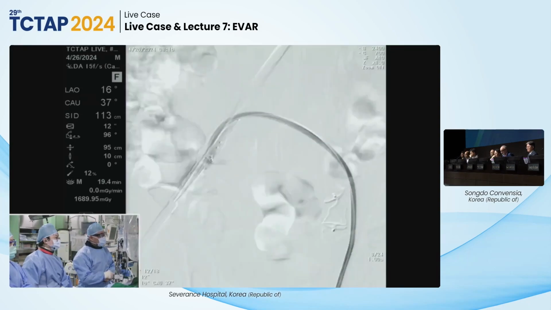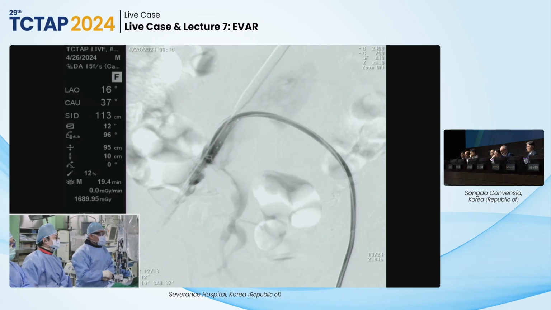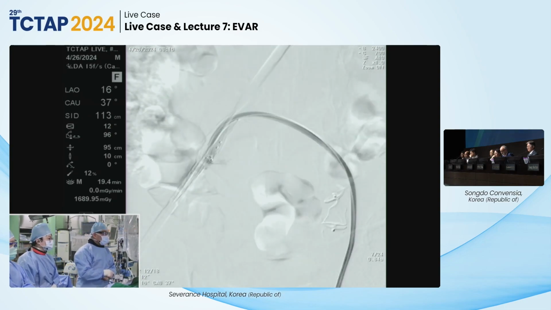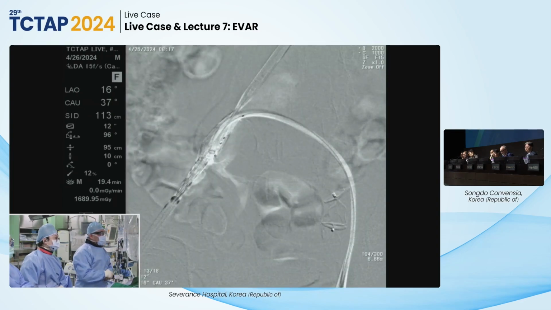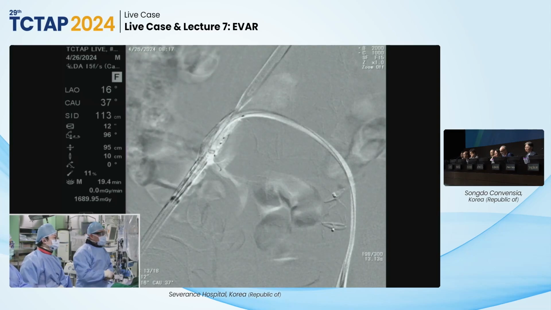Next. So we check the opening of the right internal artery. Next. And then with the wire, we try to select the right internal artery like this.